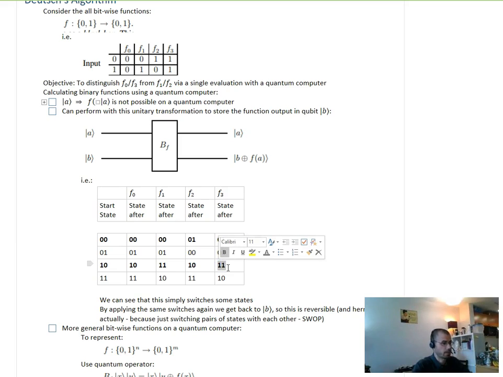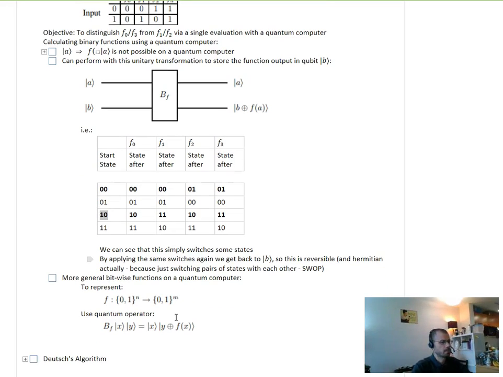If again we flipped this one, that would go back to 1, 0. So this is actually a Hermitian operator. It's unitary, it's reversible. All is good once we do this.